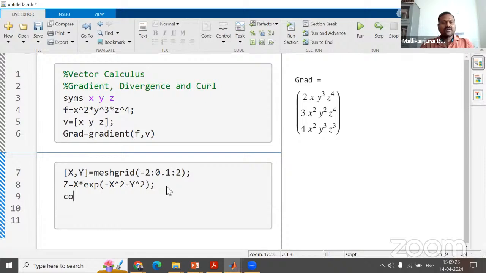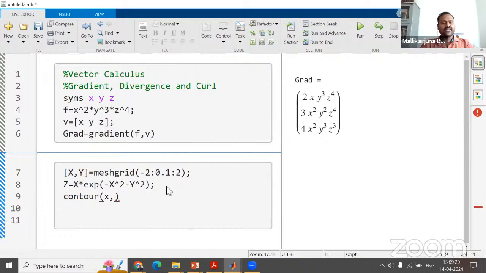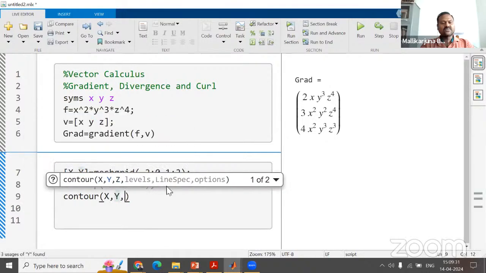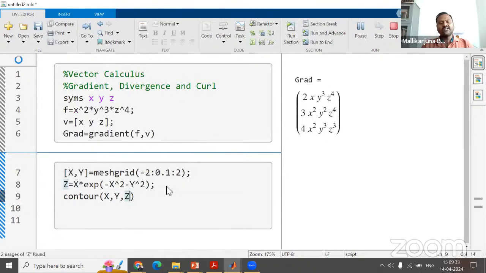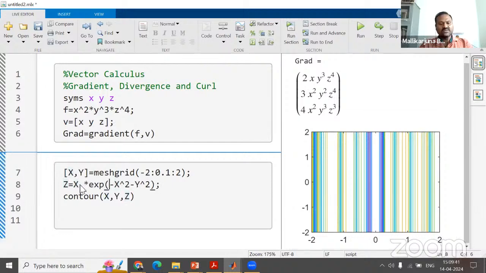Functions. Now contour, I'll just take what is x, y, z, what we'll get. I'm sorry, something is wrong here. These are vectors, right? So let me take x dot.